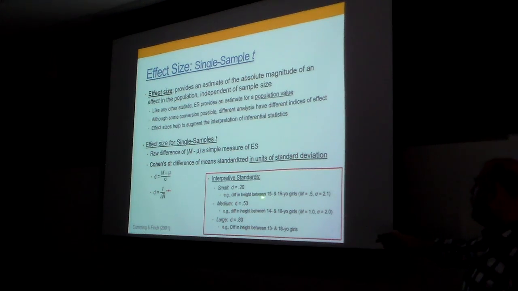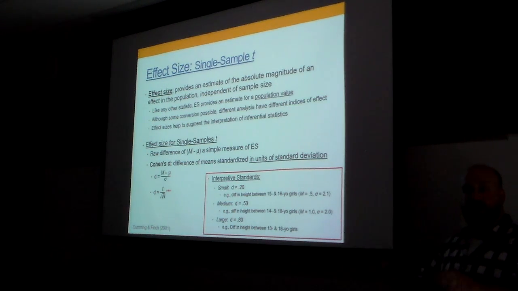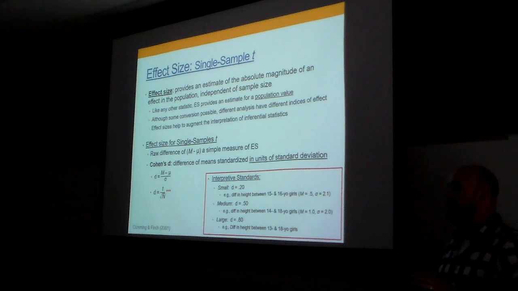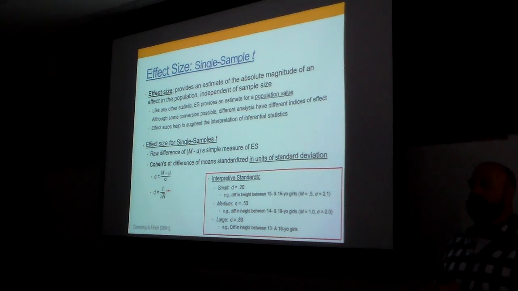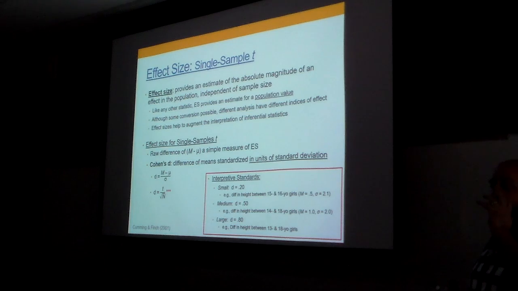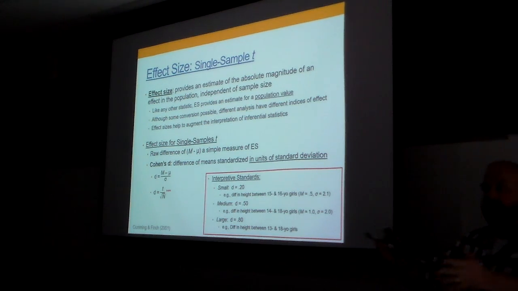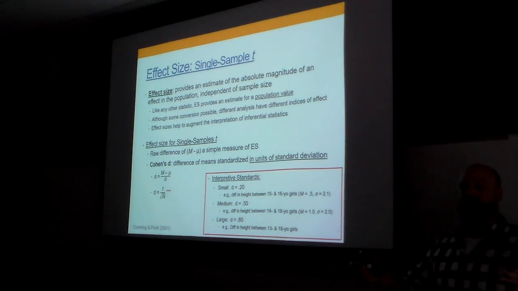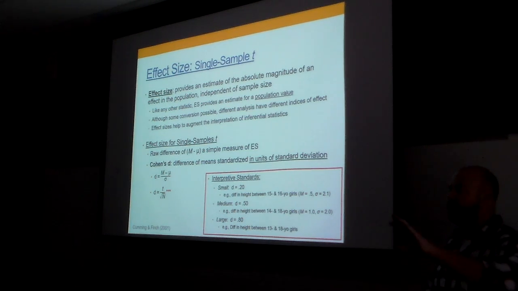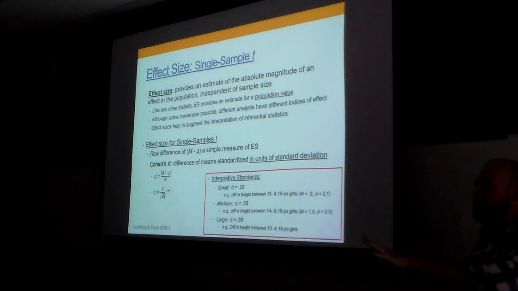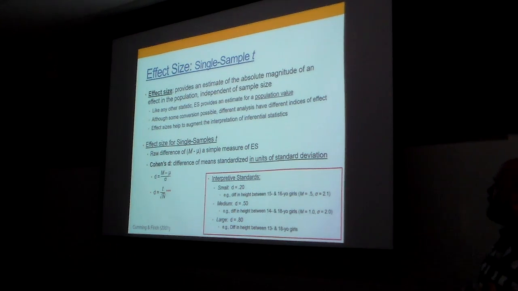Cohen gives an example of the difference between the height of 15 and 16-year-old girls. That'd be about an effect size of 0.2. So if I had a bunch of high school women who were 15 and 16, and I looked at whether there is a difference in height, I probably wouldn't be able to say, oh, this group is clearly larger than the other, but it would be consistent with a small effect.